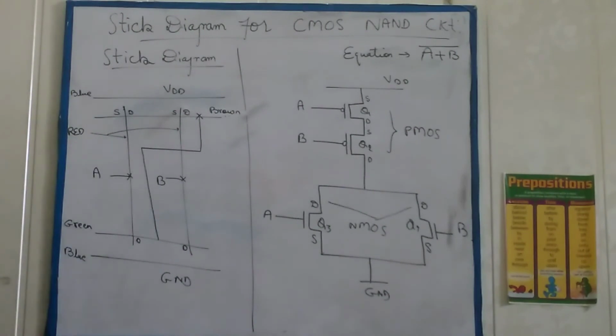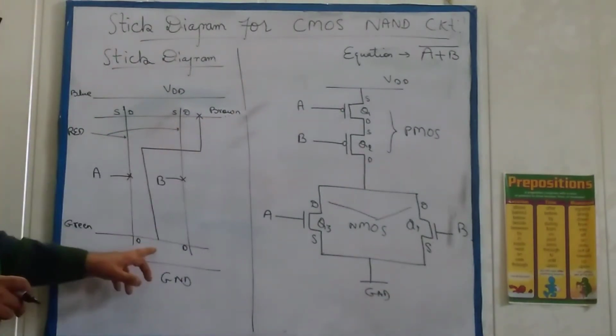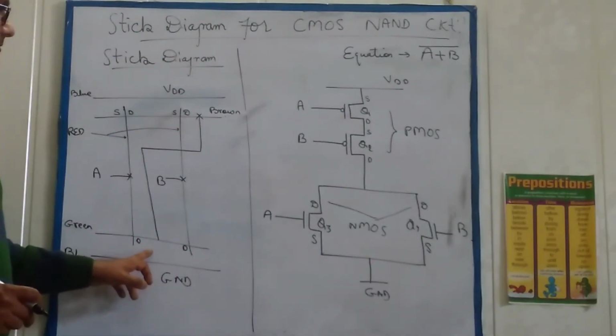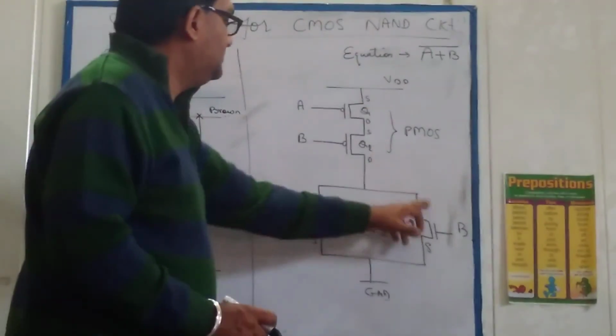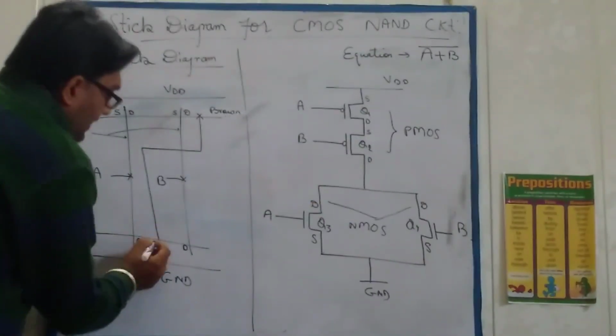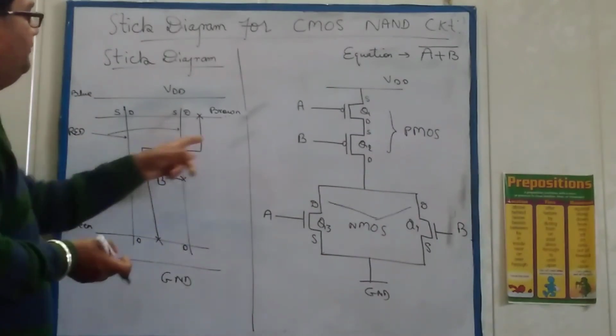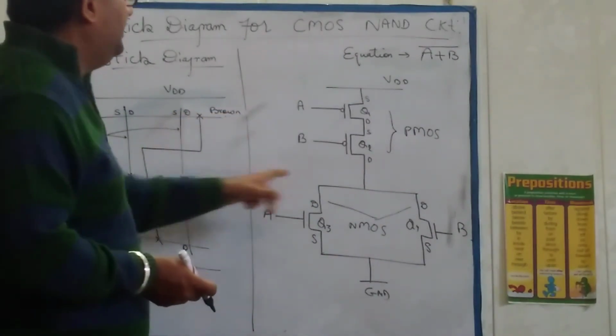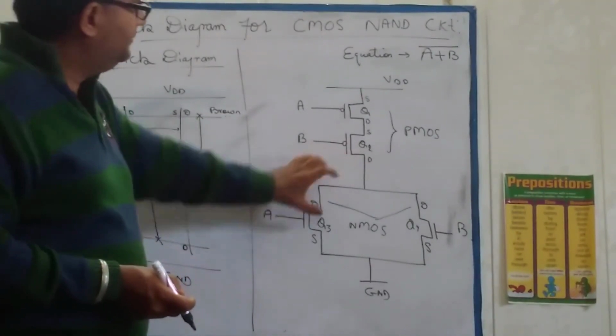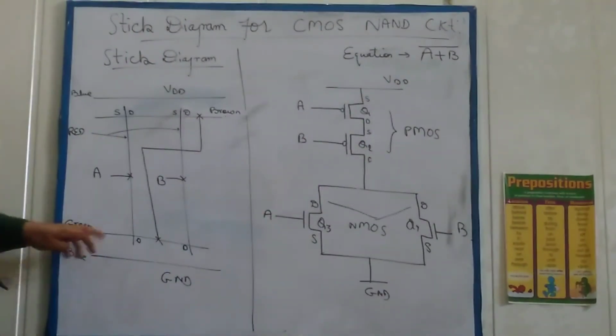The two drains of NMOS are shorted together and they are connected with the drain of B. This connection, right?